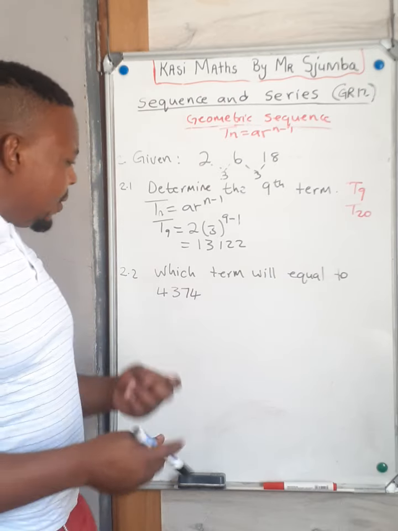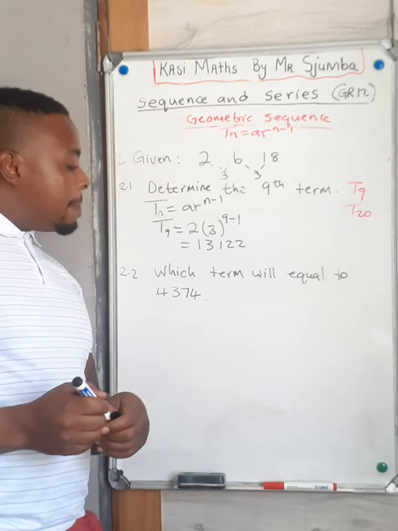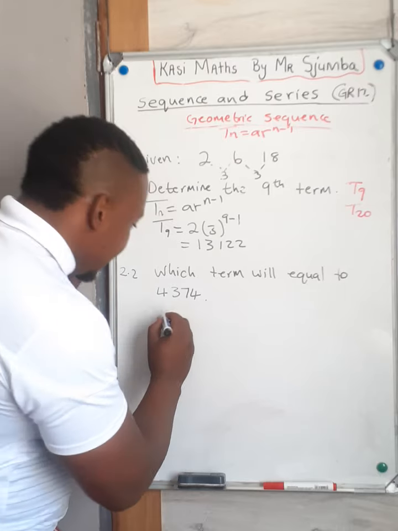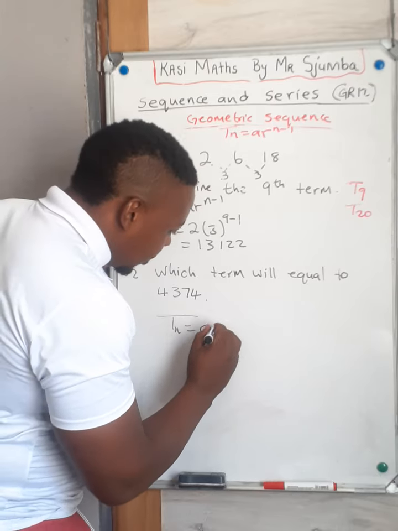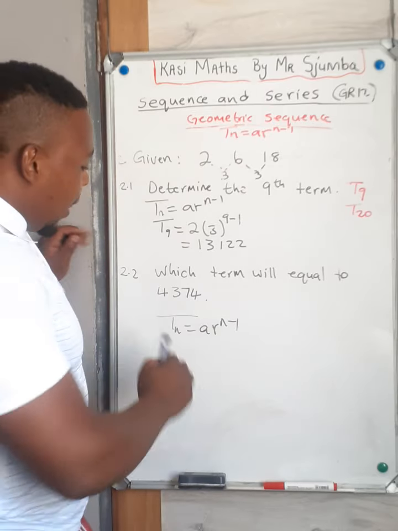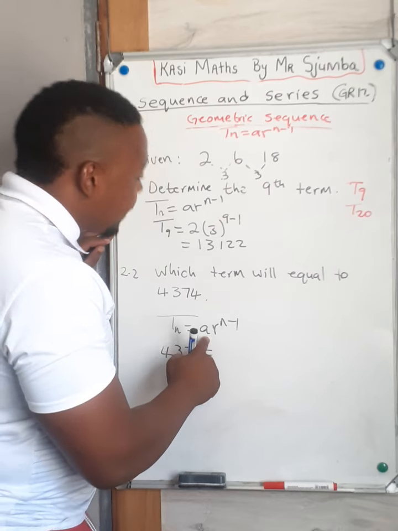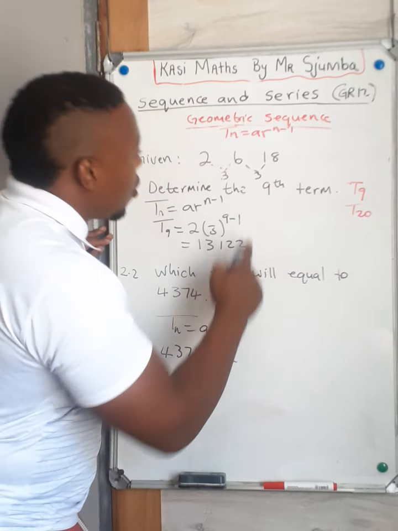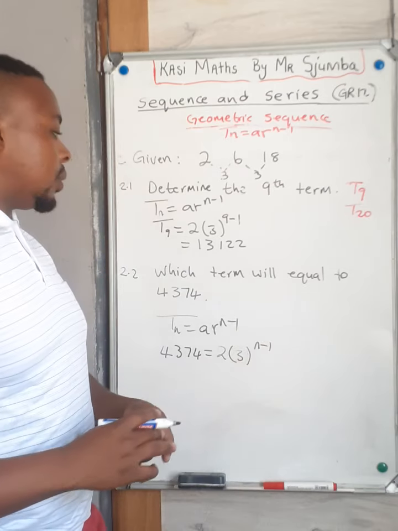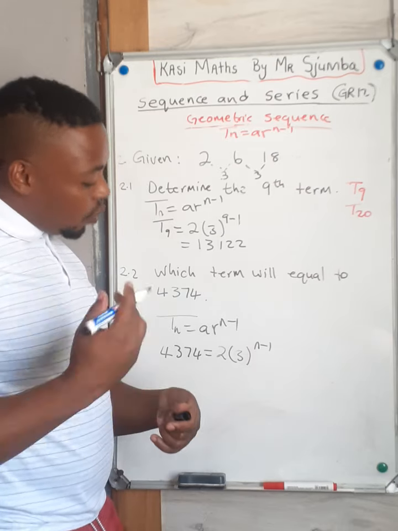Okay, here is another one. Which term will equal 4374? Now our formula Tn is equal to ar^(n-1). Now we are given Tn, which is 4374. First term is 2, common ratio is 3. Then we have n minus 1, because we don't know the position of the term; in fact, we're looking for it.